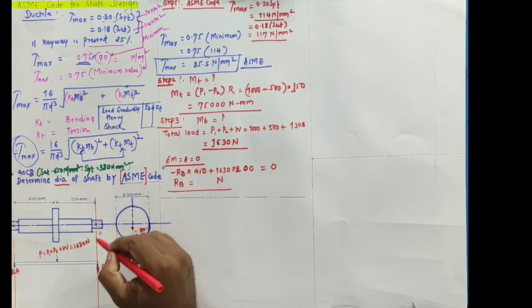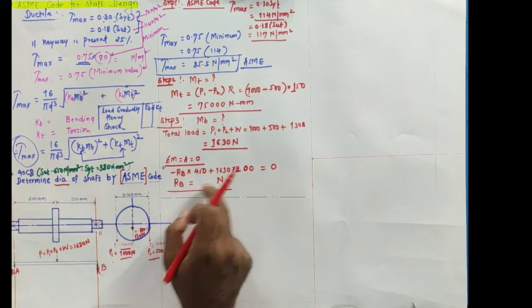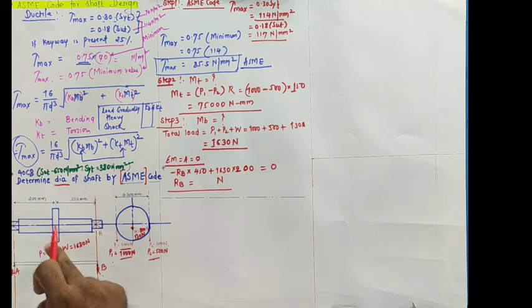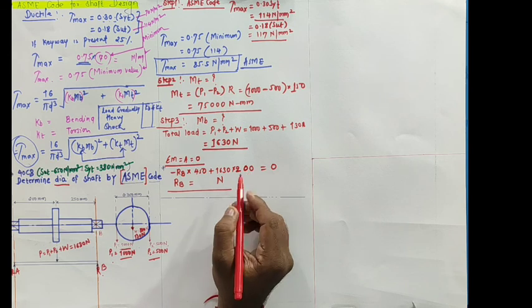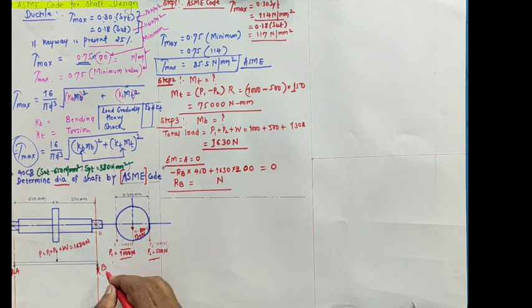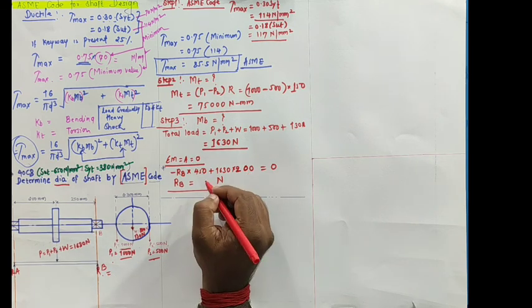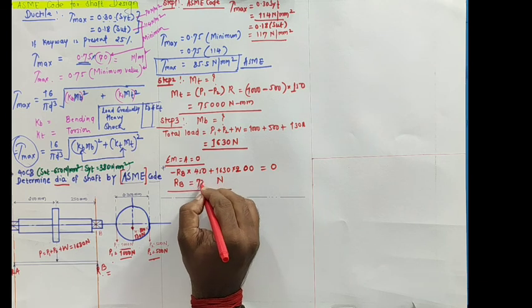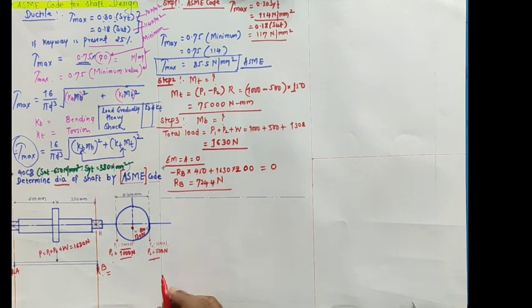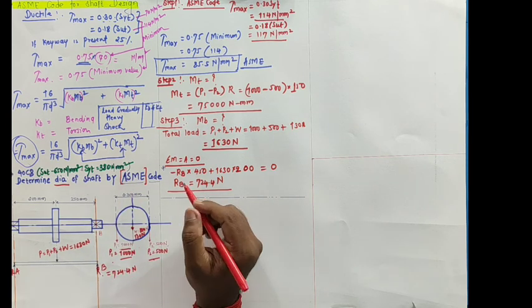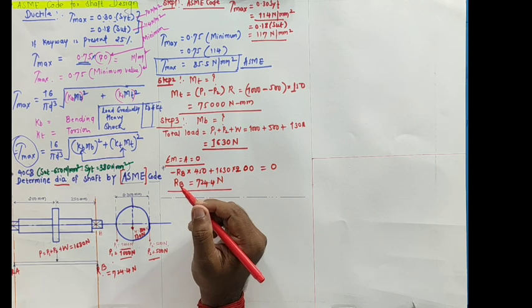So minus RB into 450 plus 1630 into 200. That will give the RB reaction force at B. By calculating, we get around 724.4 Newton. So I'll write 724.4 Newton.